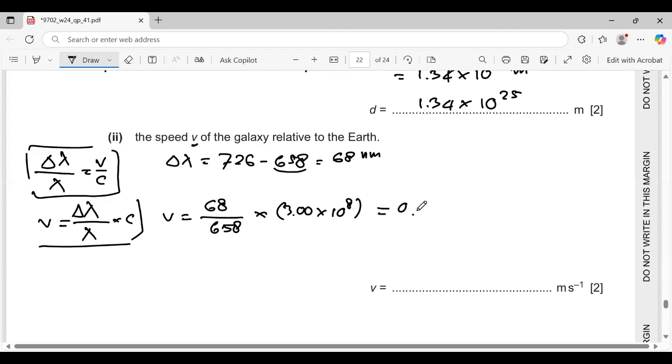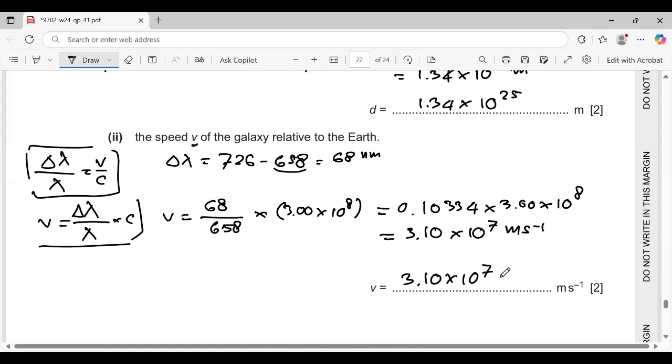And the result is 0.1034 times 3.00 times 10 power 8, and the result is 3.10 times 10 power 7 meters per second. So the speed is 3.10 times 10 to the power 7 meters per second. This is the speed at which the galaxy is receding from the Earth.